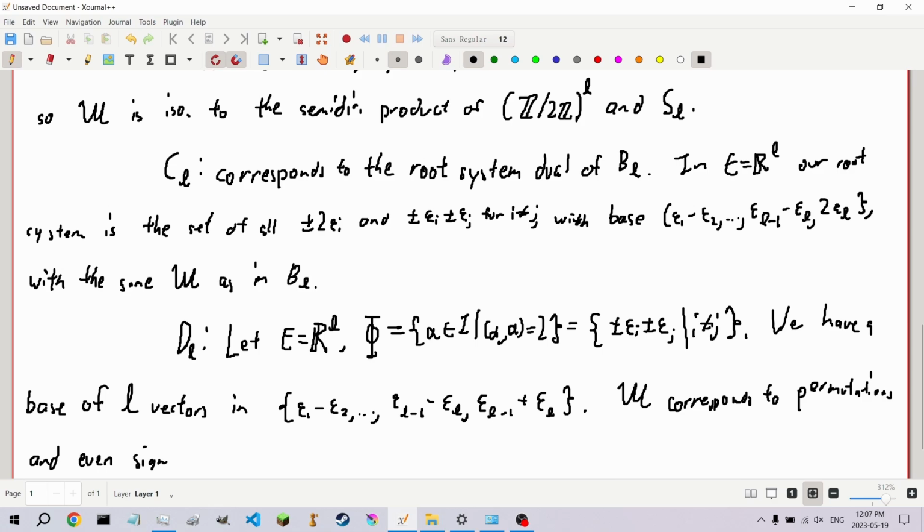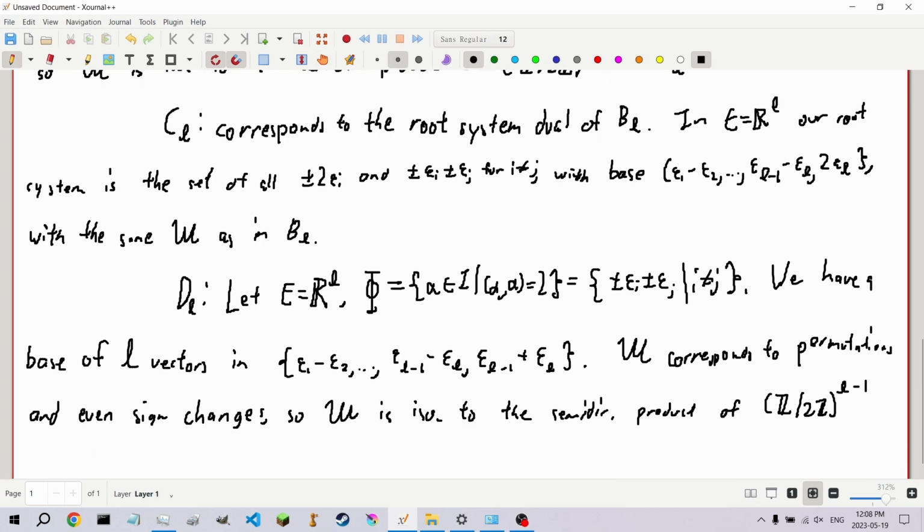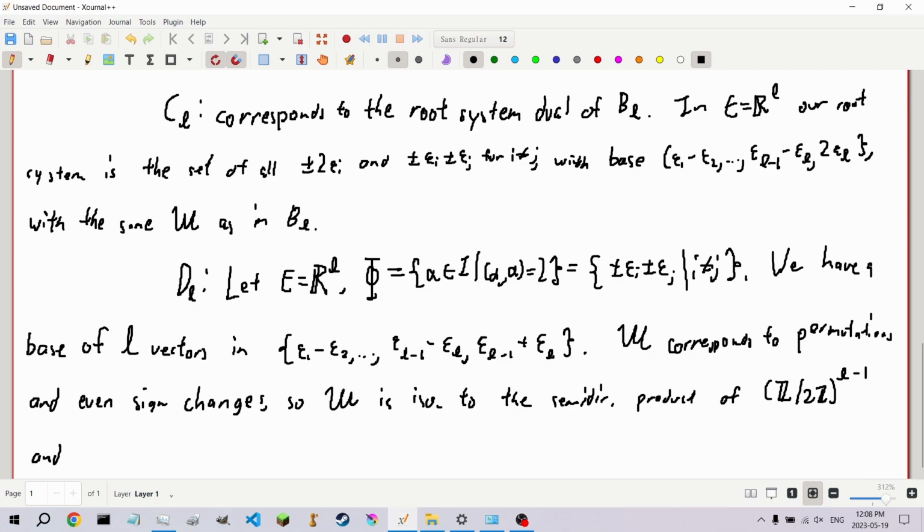So changing the sign of two or more, like an even number. So the Weyl group is isomorphic to the semi-direct product of our list of signs with product minus 1 to the power, and the symmetric group of size L.